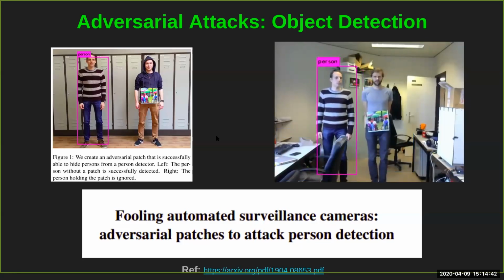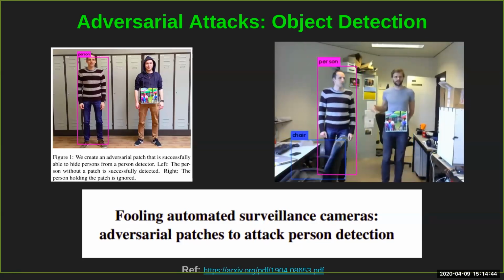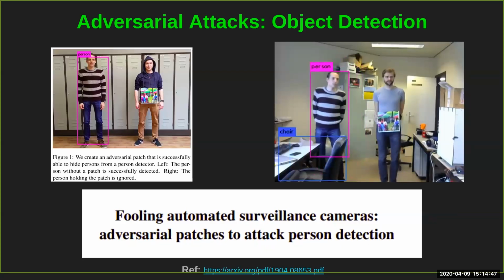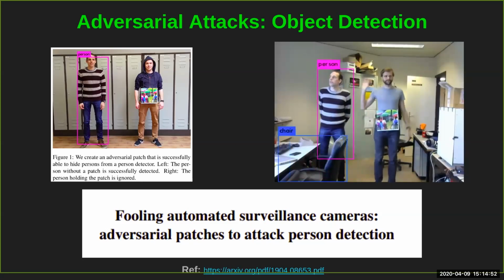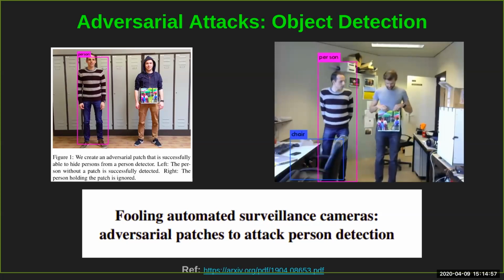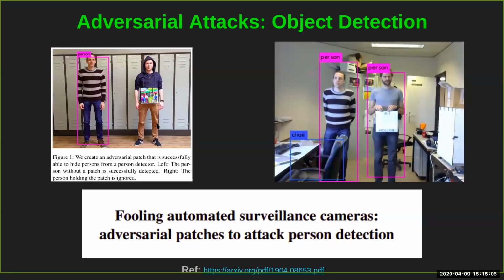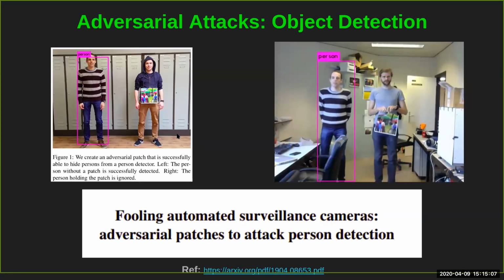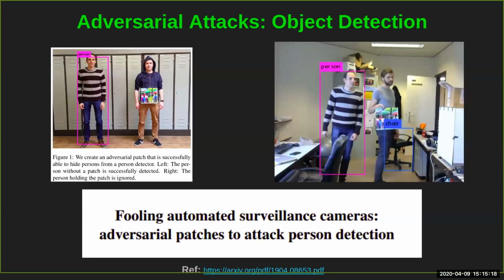So if a surveillance camera is using some kind of machine learning model in the backend to detect a person inside the live feed, these kinds of attacks can be done to avoid getting detected by those object detection algorithms. But you can see that this is a very prominent and bigger patch, and it can be an awkward situation where you are holding it to bypass the algorithm.